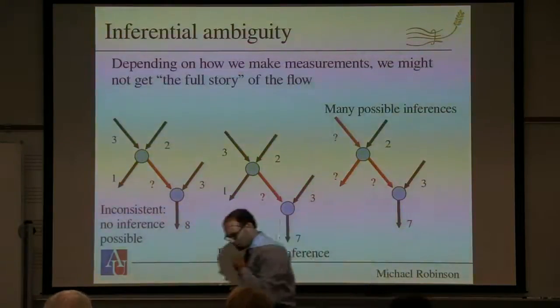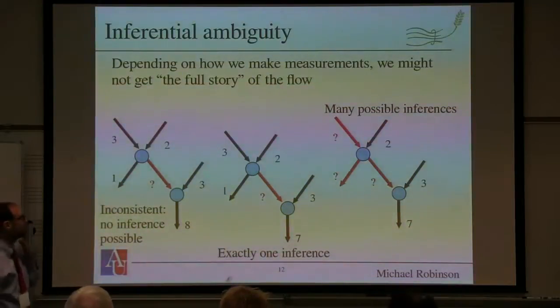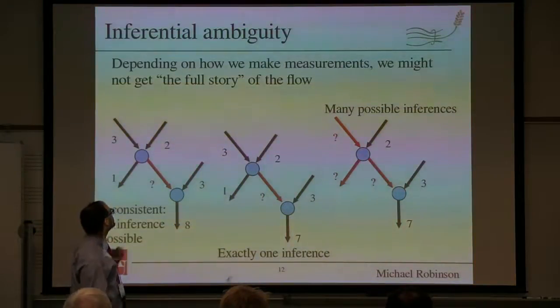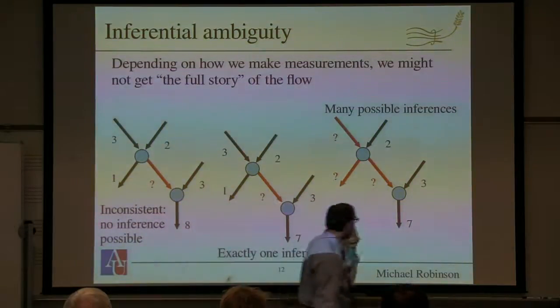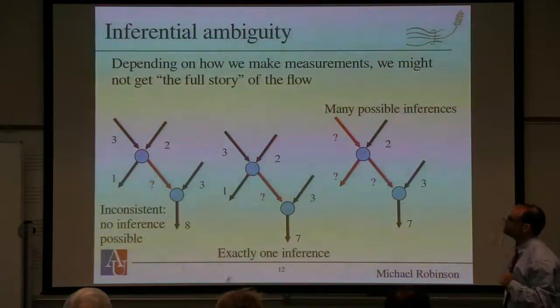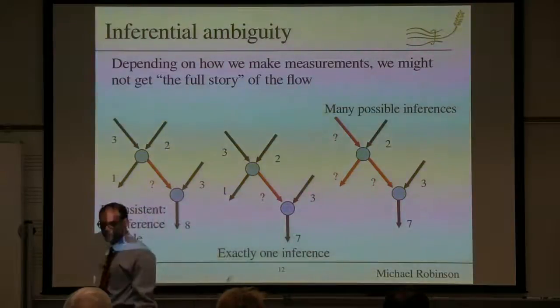Okay, the neat thing with this is that you can, in fact, end up with different amounts of inferential ambiguity depending on how much measurement you started with. So if you start with local sections that are defined on the black edges in these 3 different instances, and you'd like to ask about extending to the red edges, sometimes there's no possible inference. This is the one we were just seeing on the previous slide.